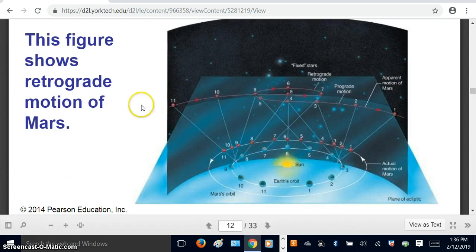So one of the first things that Copernicus does is he's able to explain retrograde motion for the very first time, in a way that doesn't involve little circles inside of circles, the epicycles.